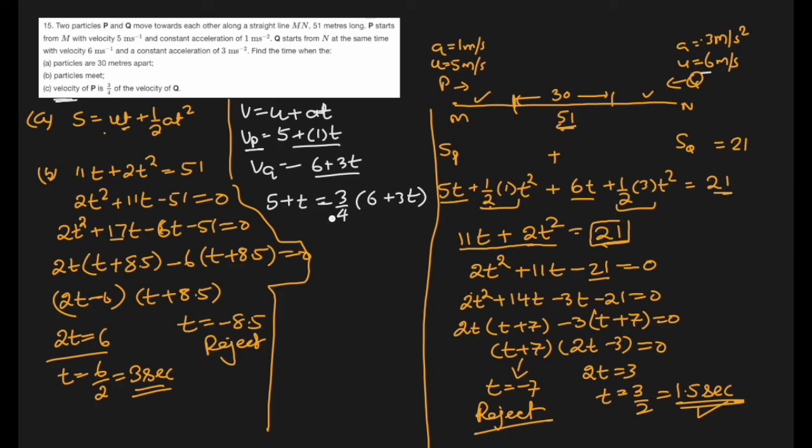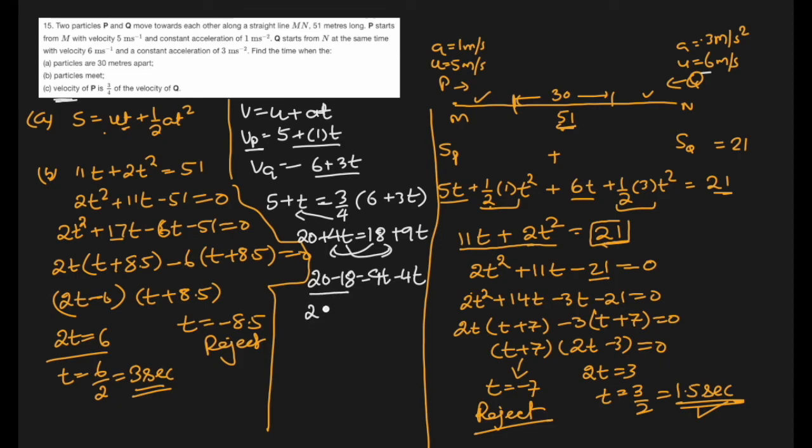And now we can multiply here by 4. 4 times 5 is 20 plus 4T. And 3 multiplies here, 18 plus 9T. So 18 goes to the left, T comes to the right. So 20 minus 18 equal to 9T minus 4T.